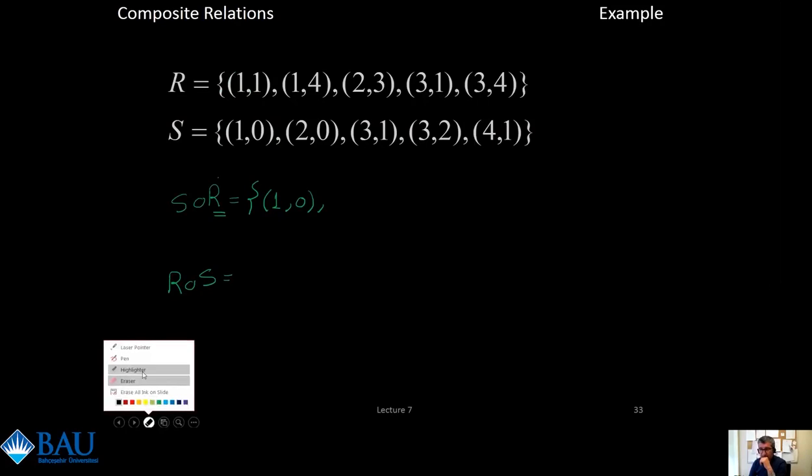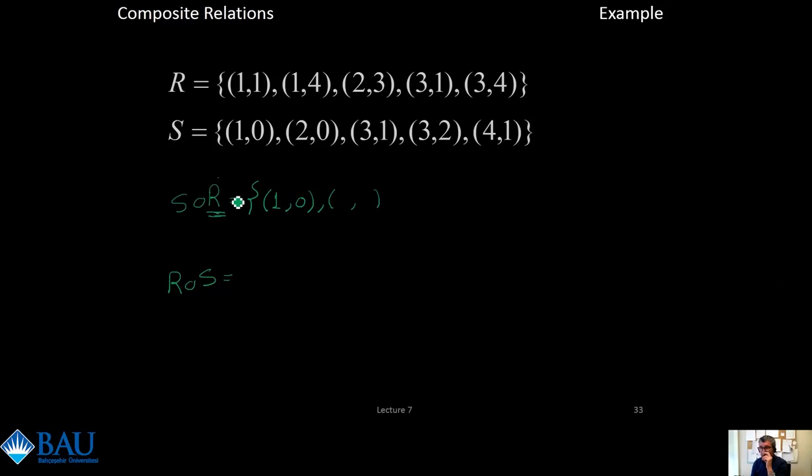Again, go to R, we always start from R. Pick out 1 and 4. Write the first element, put the second element, 4, in S. If you put 4 in S, we have 4 and 1. Write 1. Go to the next number.